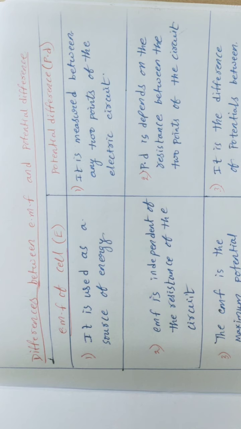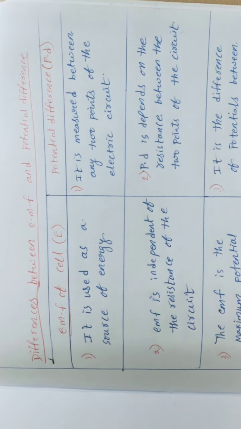EMF is independent of the resistance of the circuit. But potential difference depends on the resistance between the two points of the circuit. In any circuit where resistance is present, V depends on that resistance. That is the second point we discussed.